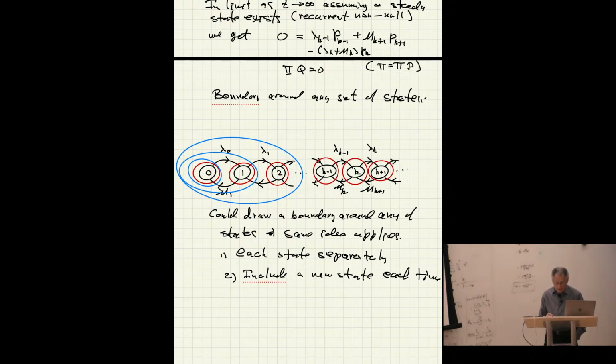If I did blue around 0, then blue around 1, then blue around 0 and 1, I haven't included a new state. That equation would be dependent on the first two. But if I keep including a new state somehow, doesn't have to be the blue, it could be green, whatever collection, you could do it yourself. And of course, we always need the summation of the probabilities to be 1.